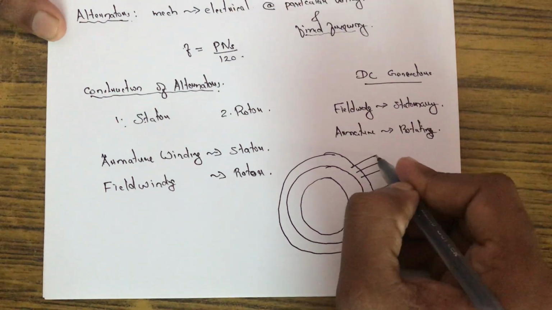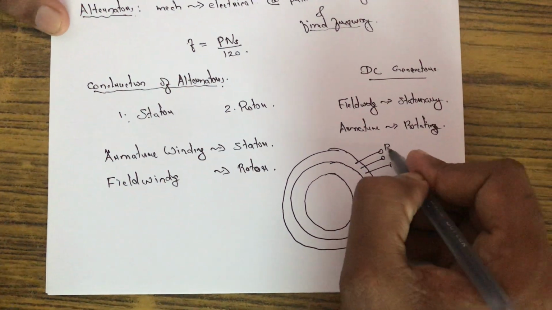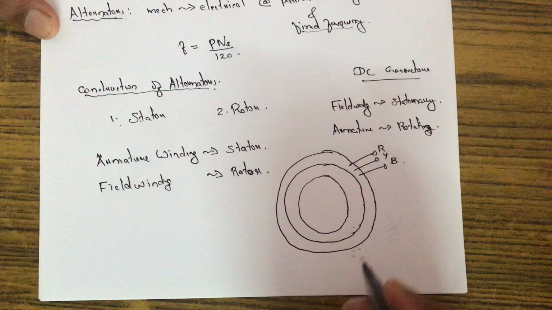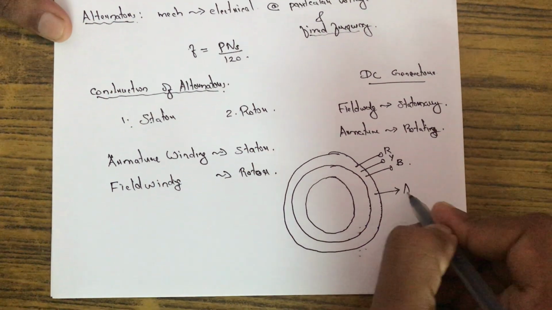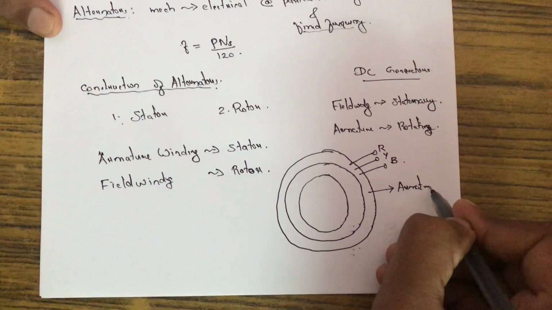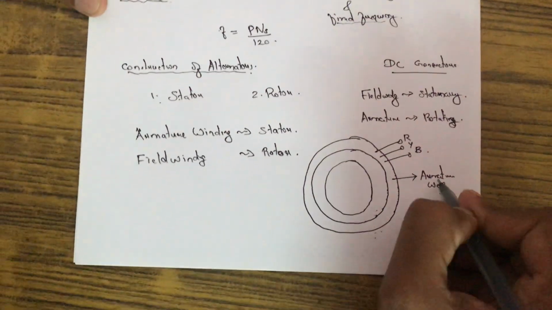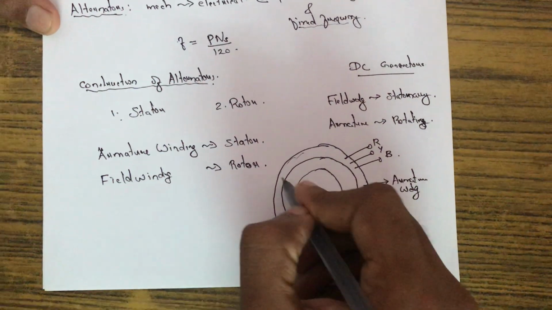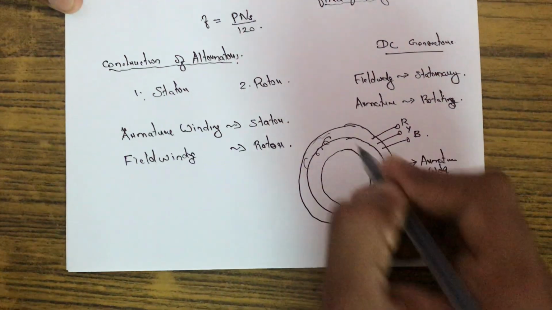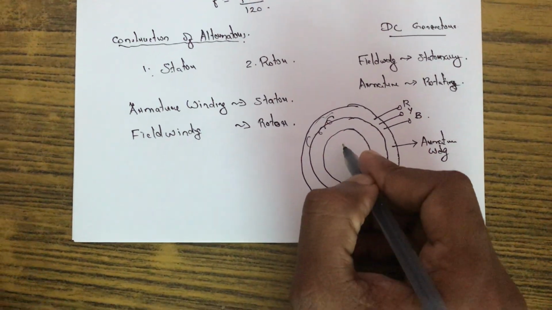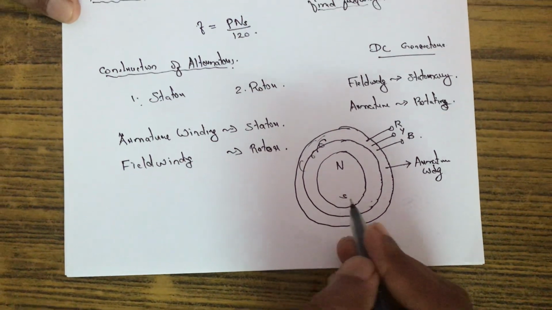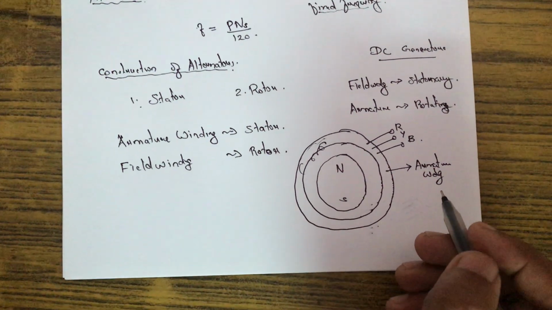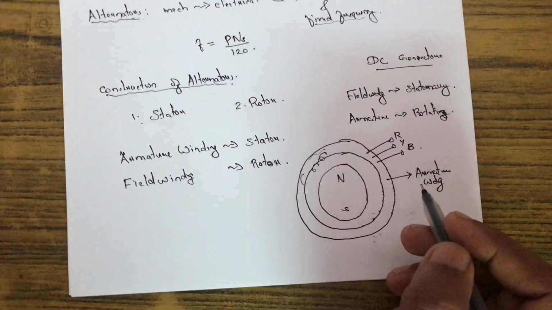If it is a 3-phase alternator, we can take R, Y, B. In the stator we are keeping the armature winding, that is the 3-phase armature winding, in the stationary part. And in the rotor we are keeping the field magnets, the field poles, in the rotating part. So this is the construction of an alternator.